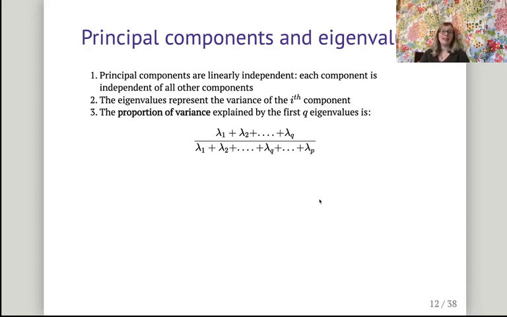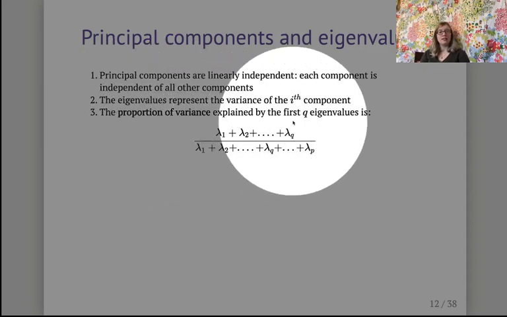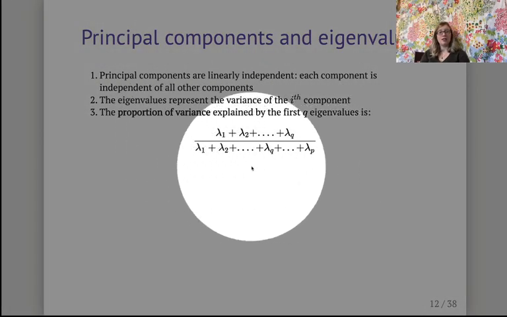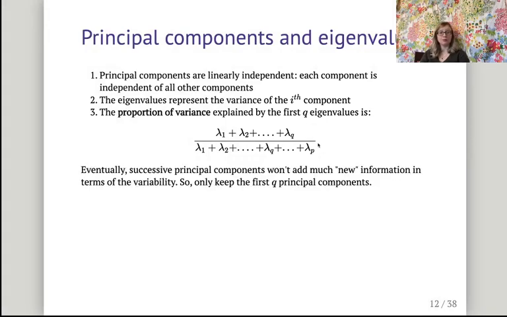So if you have a set of data where your input features are highly correlated, it might make sense to reduce that down to the principal component representation first. These eigenvalues then represent, again, the variance of the ith component. So that means we can find out how much of the variance is explained by, say, the first q eigenvalues, by summing up those first q eigenvalues and then dividing by the sum of all p eigenvalues.